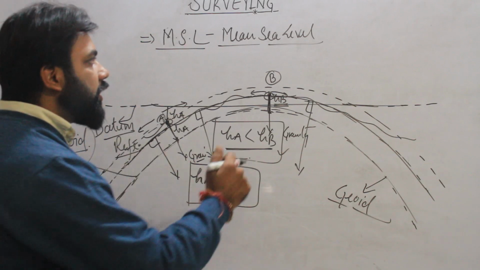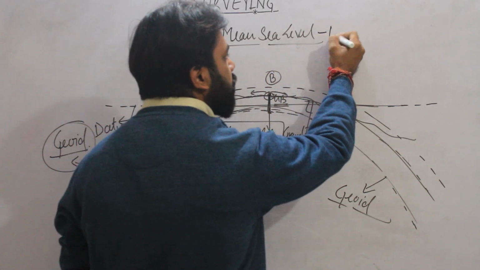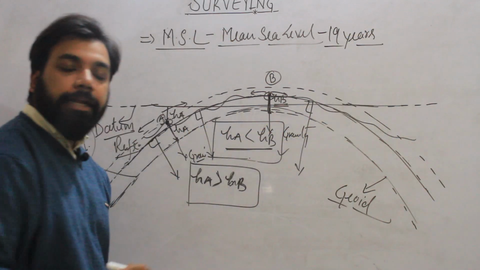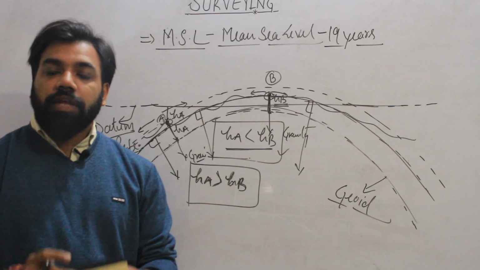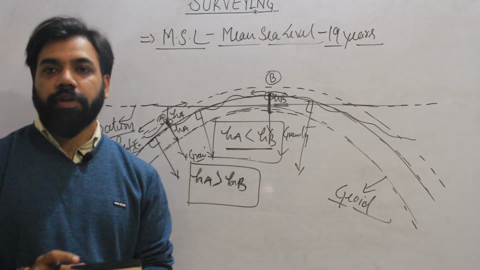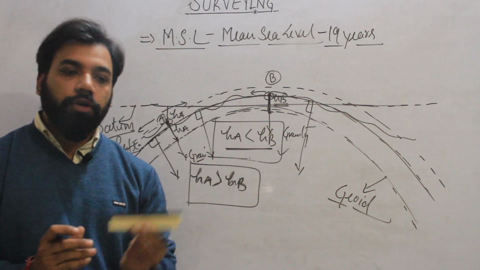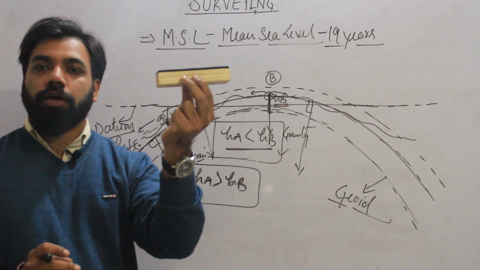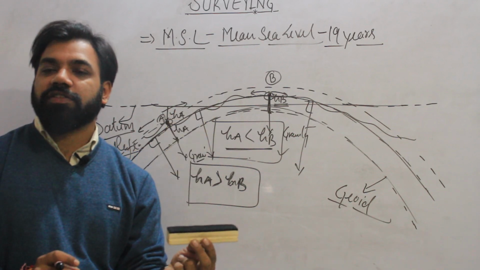So for a period of 19 years, the level of sea water is observed, to see how much it is. Suppose for the first 2 years the level is here, for another 2 years the level is up, and for another 5 years the level is down.